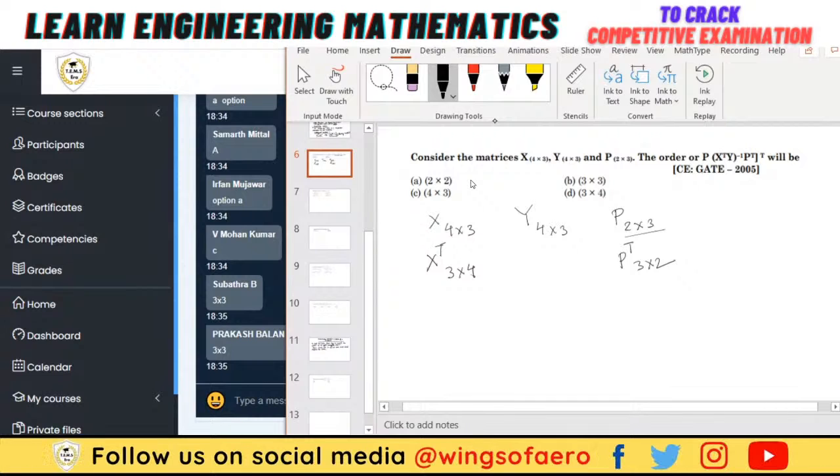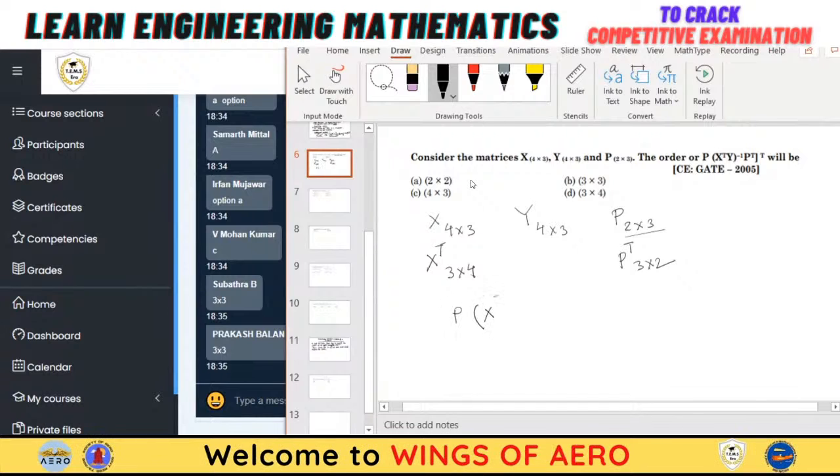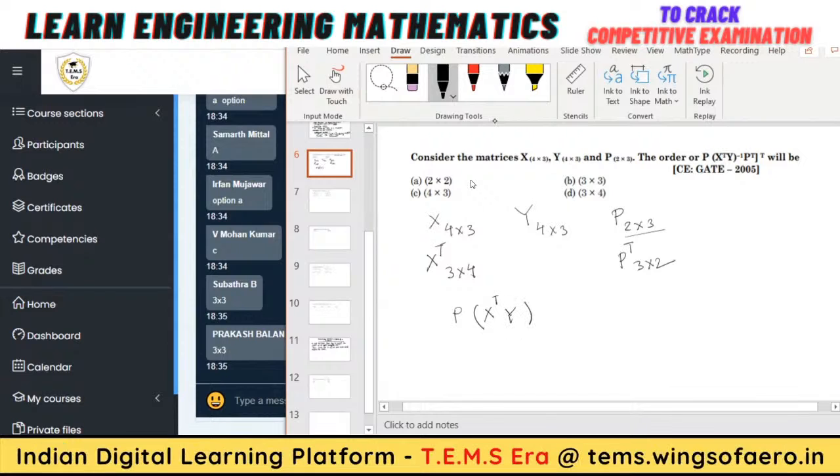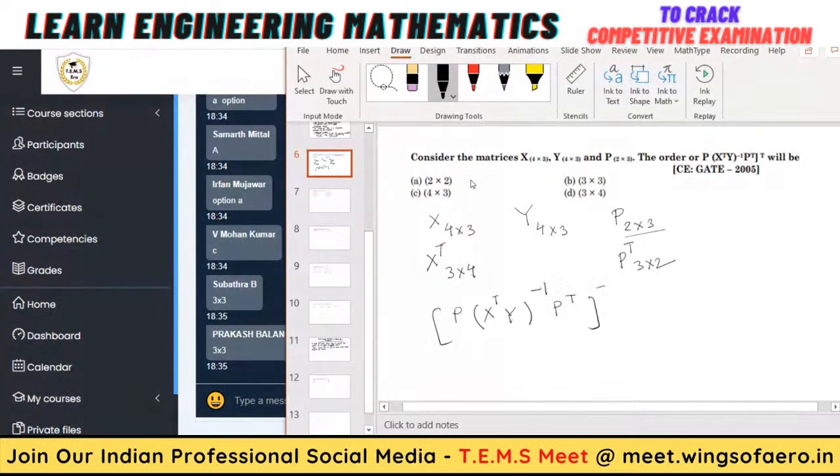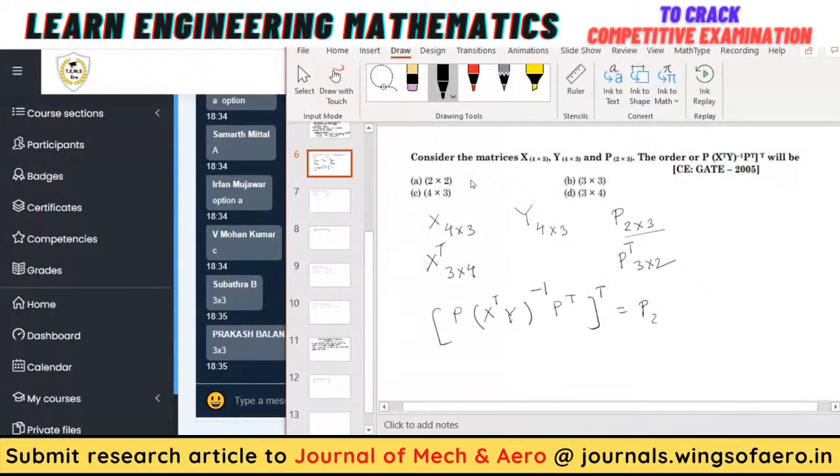We need X transpose, we need P transpose, and all the other cases. Now start with the lowest element, that is we are now finding P X transpose Y inverse P transpose and whole transpose. So P is 2 cross 3.